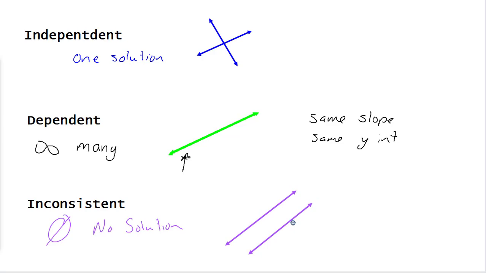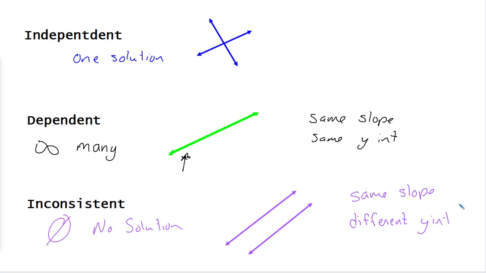They will never intersect. What that means is they have the same slope, but different y-intercepts.